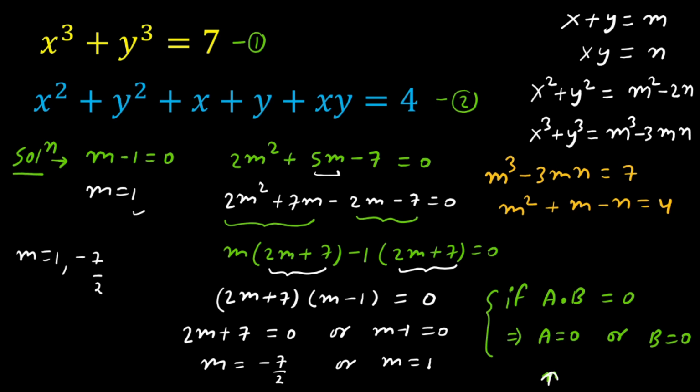Because m = 1 is repeated, we take it only one time, and the second value of m is -7/2.